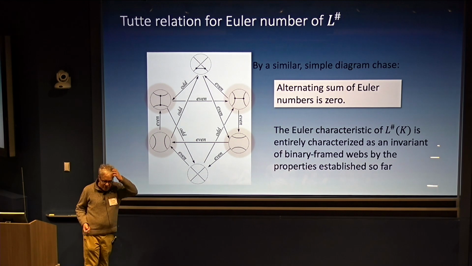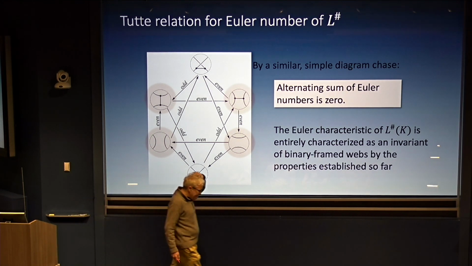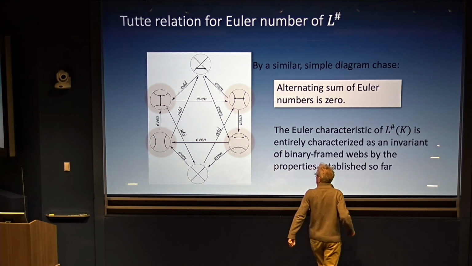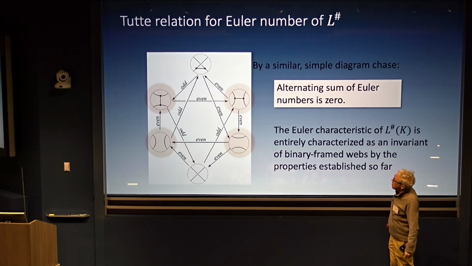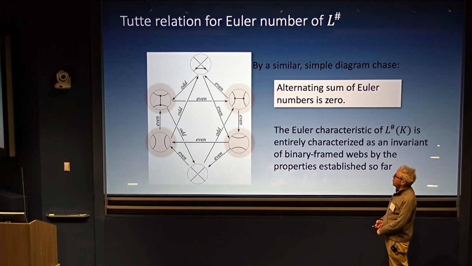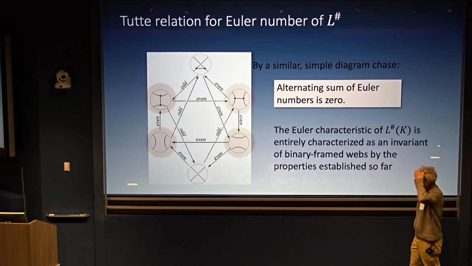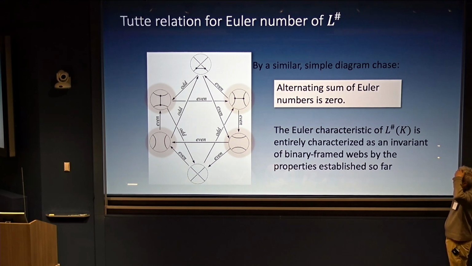If you do a diagram chase of Euler numbers, rather as I just did on the previous slide, the alternating sum of the Euler numbers of the 4 highlighted ones there, which are the 4 planar ones, is 0. That's something that also holds for Tait colorings.